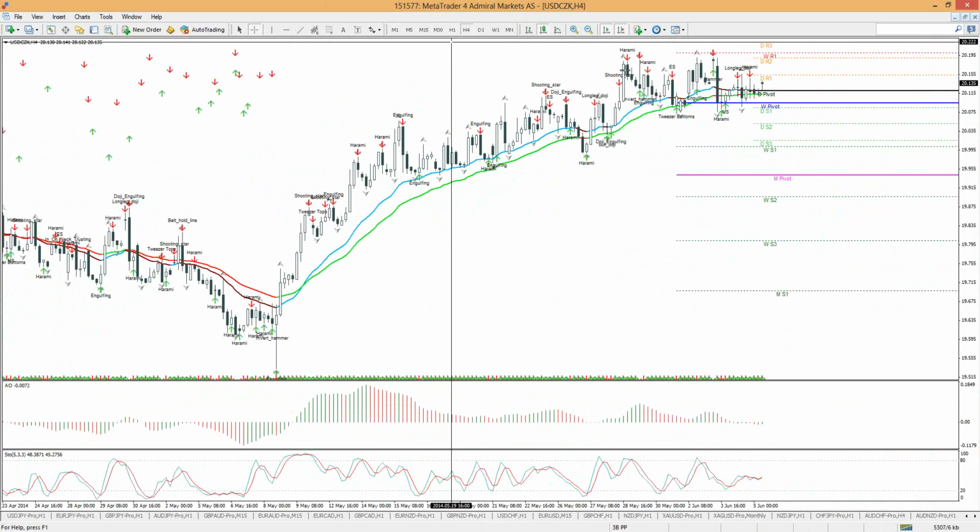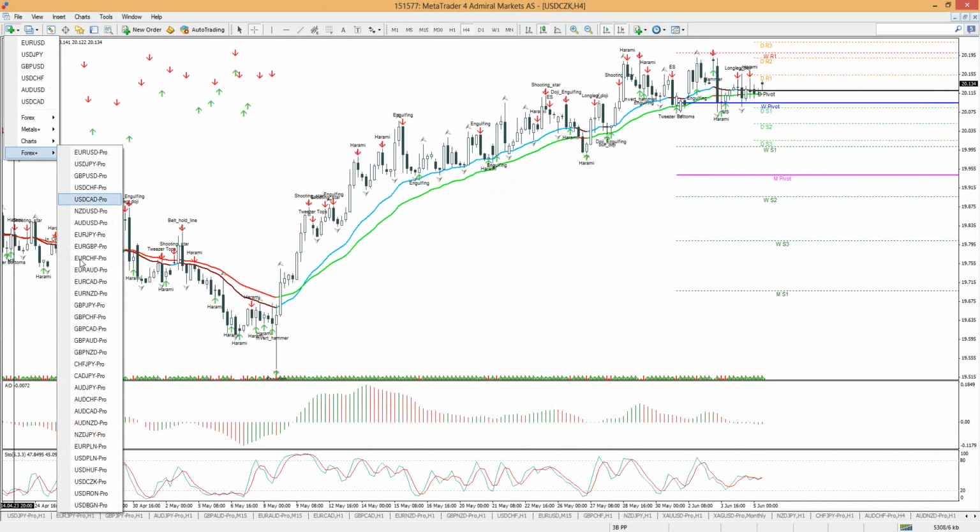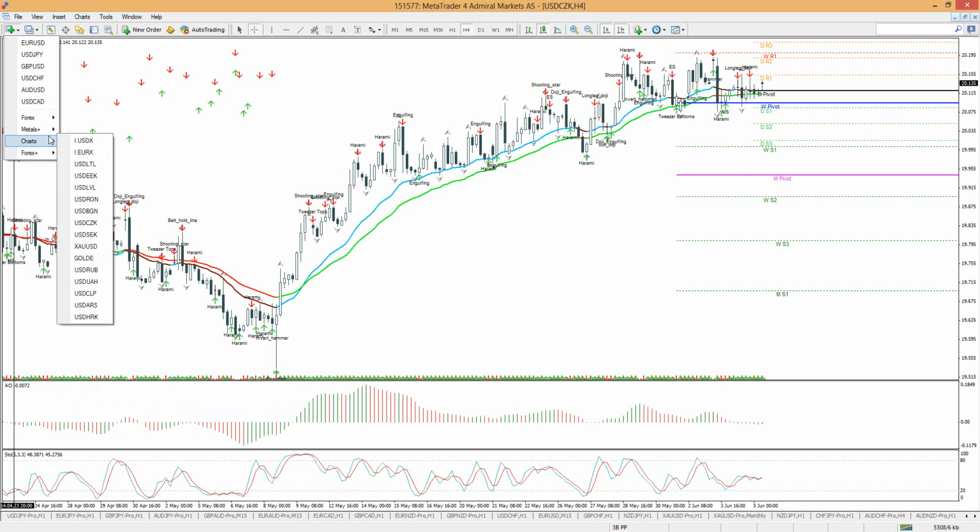Not much movement here, as you can see. Let's see, anything else? Nothing that pops up in my vision here. So I don't know if you have any questions.